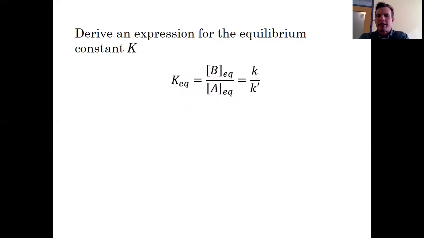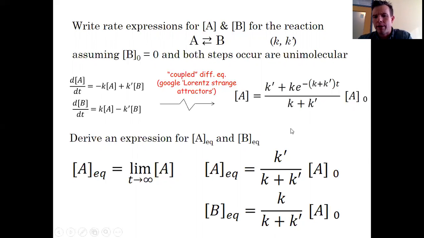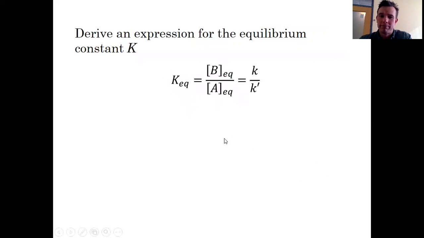I can now do an interesting thing, which is to derive an expression for the equilibrium constant. K_eq is products over reactants, so B over A. I probably should have written it out, but if I take my B term, what you'll see is that all of these constants will cancel, and you're left with this: K over K prime.